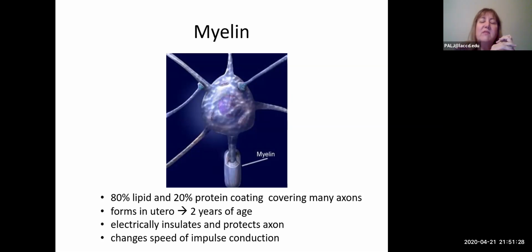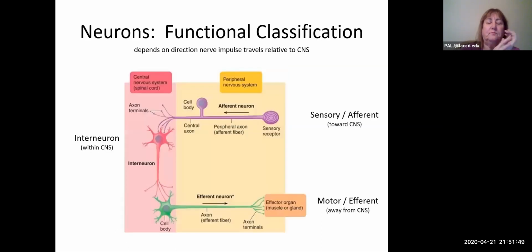So that's one thing that the myelin sheath is doing. It's protecting that axon and keeping the message so two different axons aren't cross-talking. But much more importantly, the myelin sheath is going to change the speed at which nerve impulses travel along that. So you'll learn more about that later on as well.